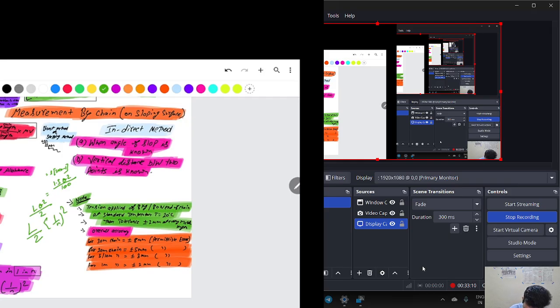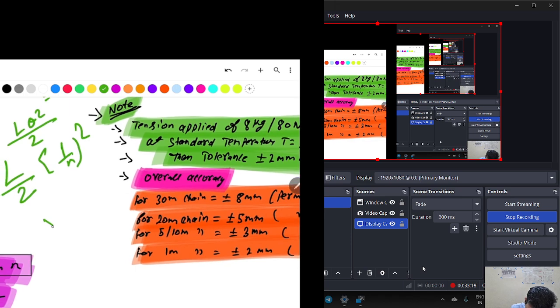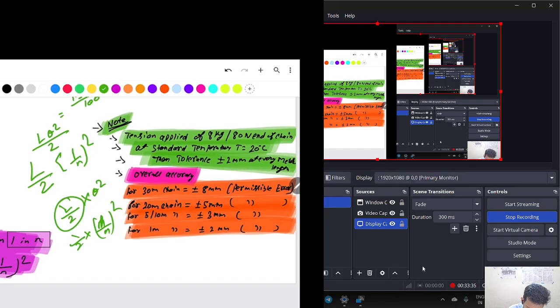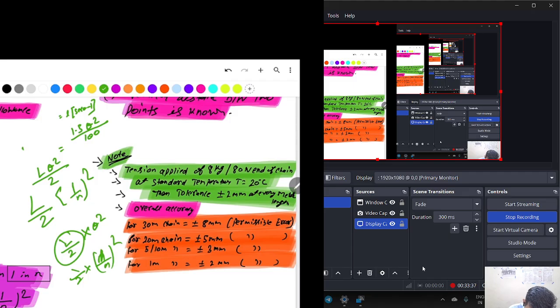In the formula, there are two formulas carrying L upon 2. We only multiply by theta square, or L upon 2 only, n upon 1 upon n L square. And there is a 1, which is L sec theta minus 1, or 1.5 theta square upon.